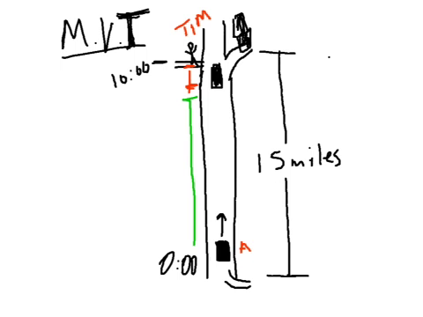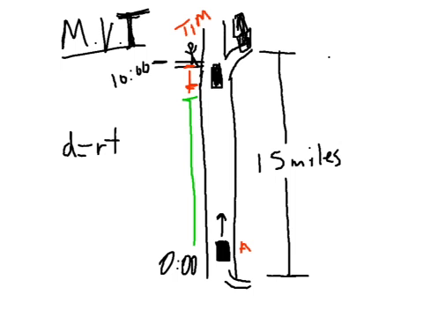I know this, you know this. I was radioed ahead. And now, because this stretch that you covered is 15 miles long, you must have averaged exactly 90 miles per hour, because distance equals rate times time.